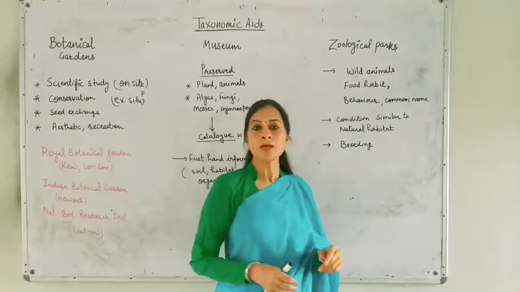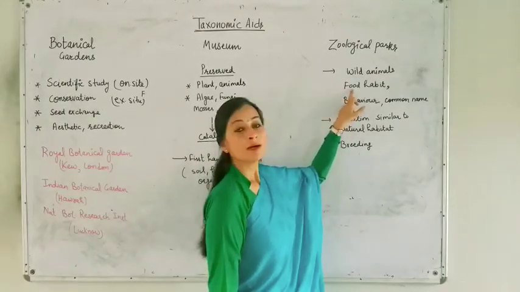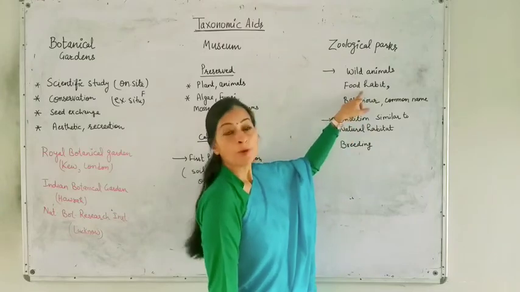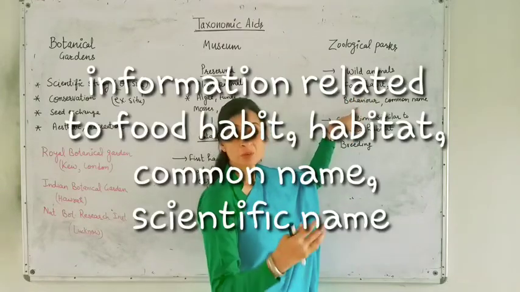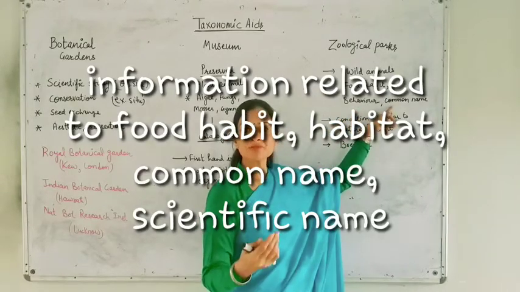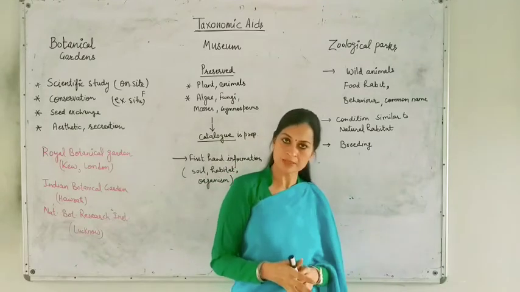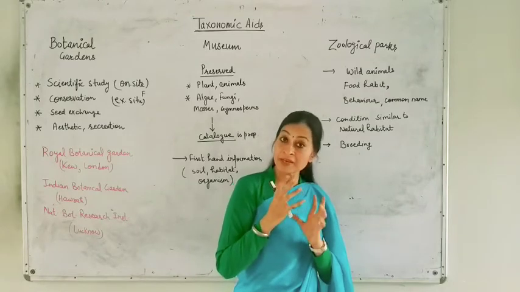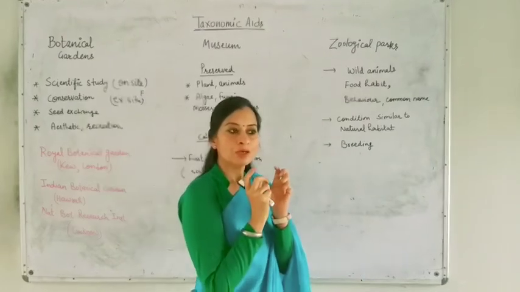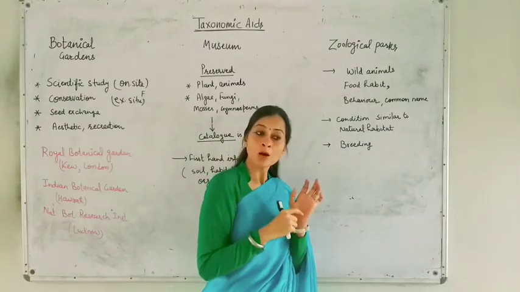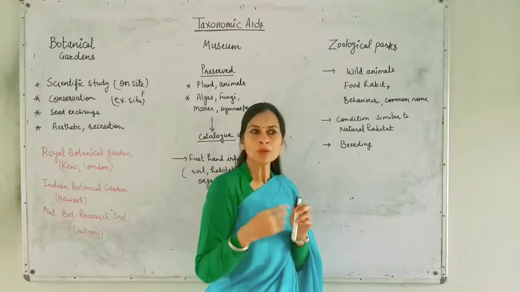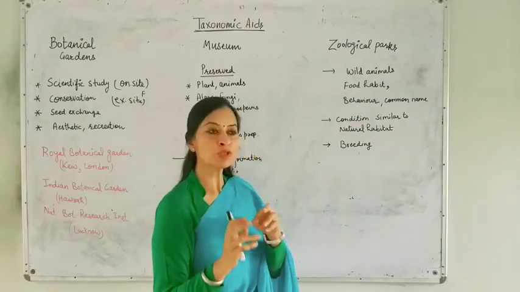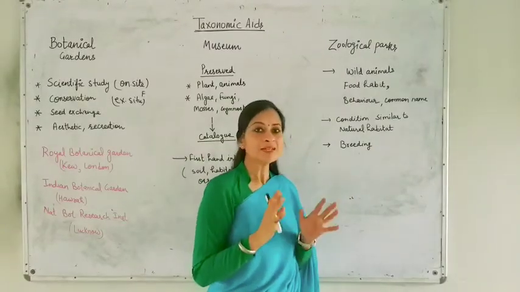Second, these wild animals have a board outside their enclosure about their food habit, what type of food they eat, their behavior, their common name, scientific name, and you can also find the genus or family for study purposes. And the main purpose is that you have only seen animal behavior and how the animal looks on TV, or through going directly into the jungle, which is not possible.